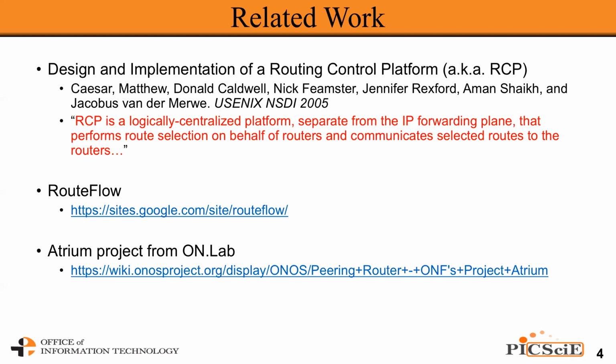I think ON.Lab is now part of ONF. This work focused on interoperability, creating a single control platform that would work with hardware devices from multiple different vendors. It would program these bare metal switches using OpenFlow 1.3, and it was running Quagga inside. So this idea is quite similar to what we have at Princeton.